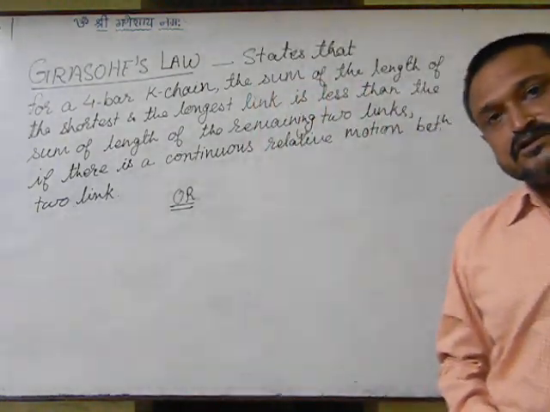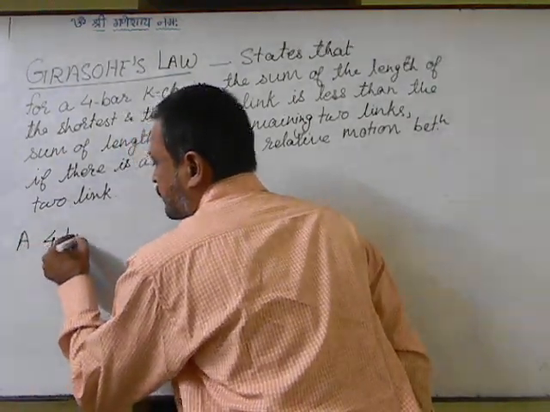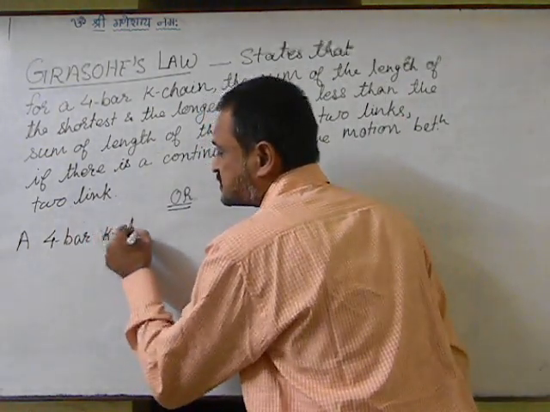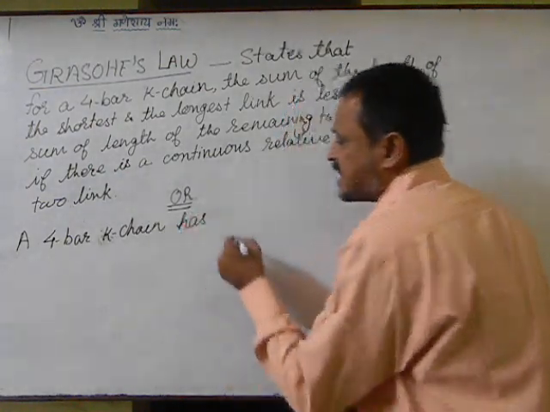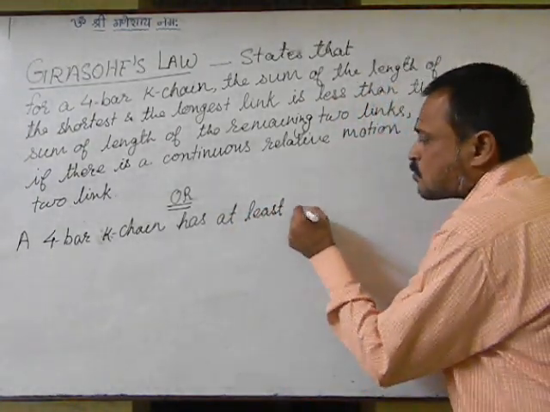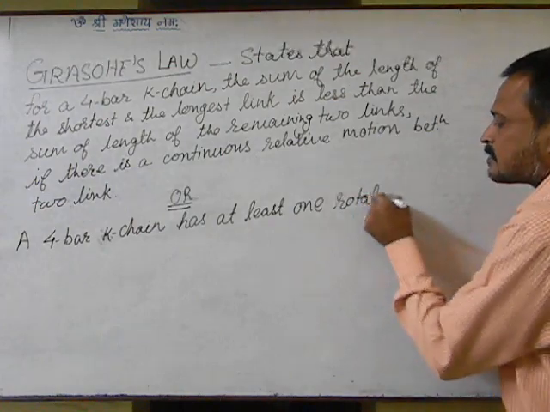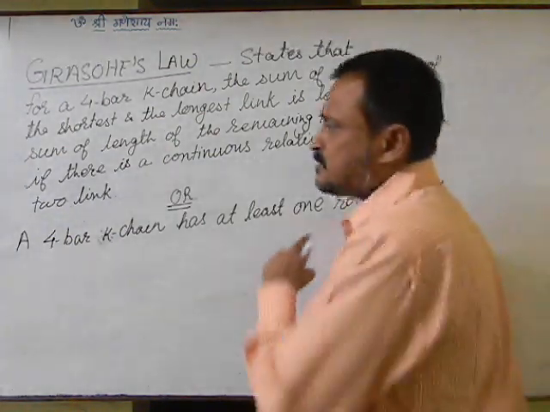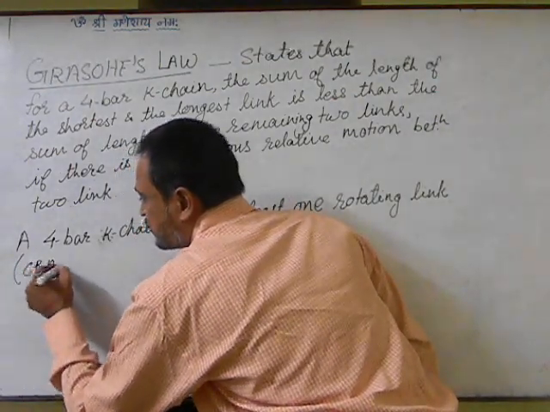Or in other words, we can also express that a 4-bar chain, by chain we mean always a kinematic chain, has at least one rotating link. By rotating link what we mean? That means we are talking about a crank.